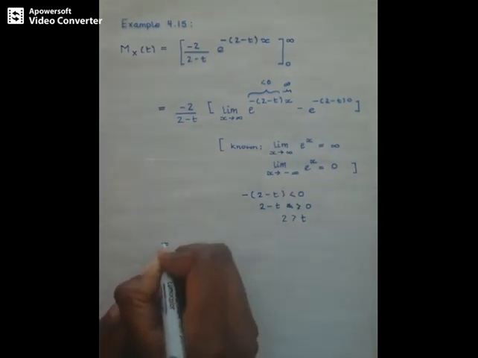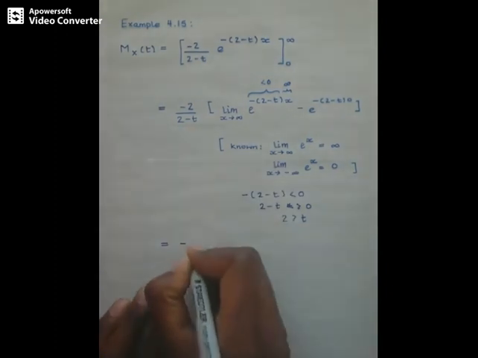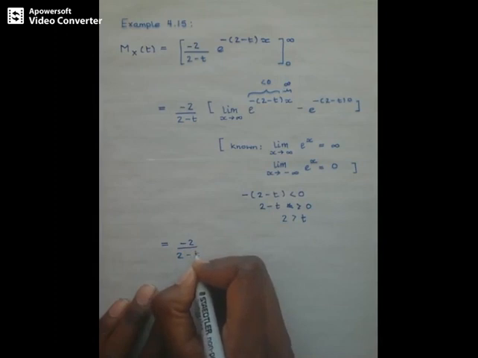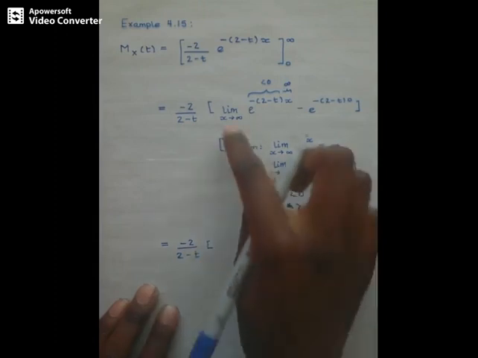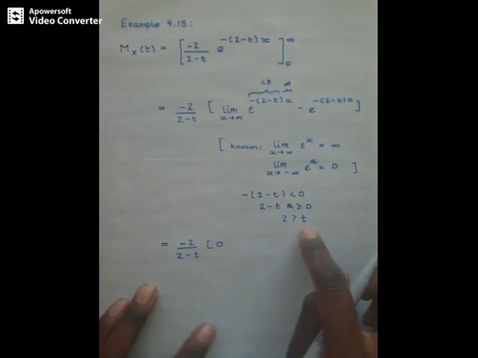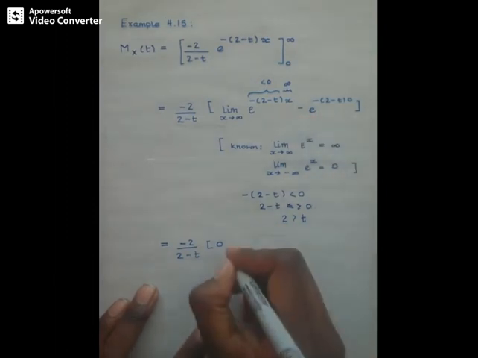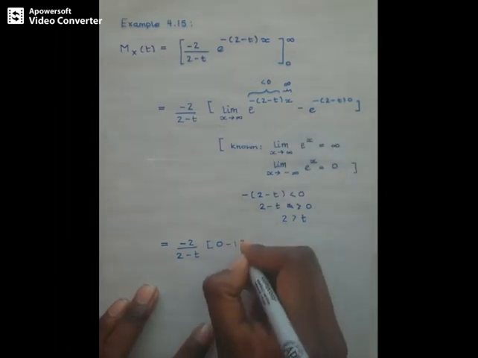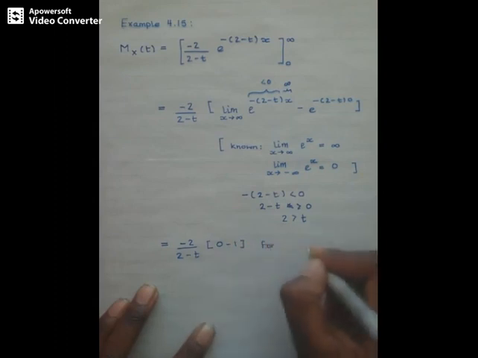So now we can go to the next line, just a continuation. You have minus 2, 2 minus t. And we said this thing is going to go to 0 under that condition. And this thing, e to the power of 0, is just going to be 1 for t less than 2.